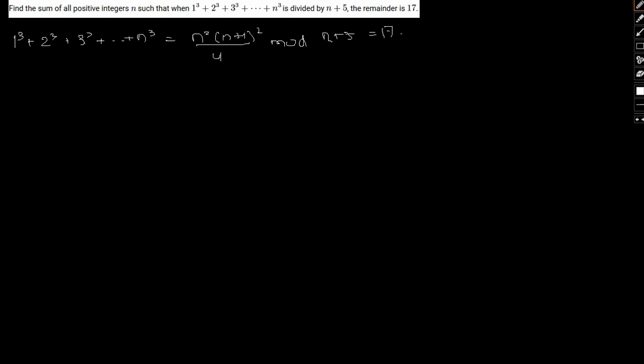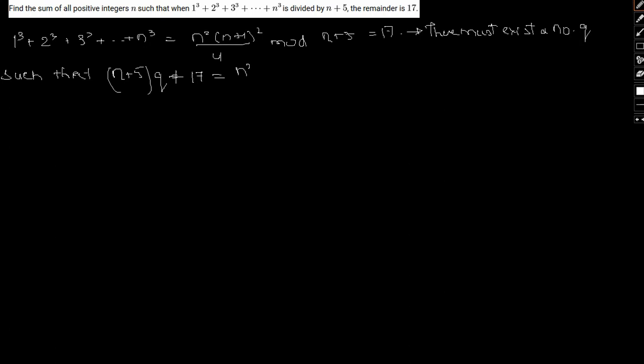Okay, so this actually means there must exist a number q such that (n plus 5) into q plus 17 is equal to this particular term in general, which is n square (n plus 1) square by 4.